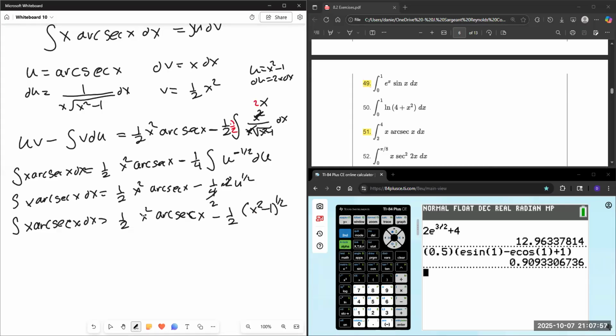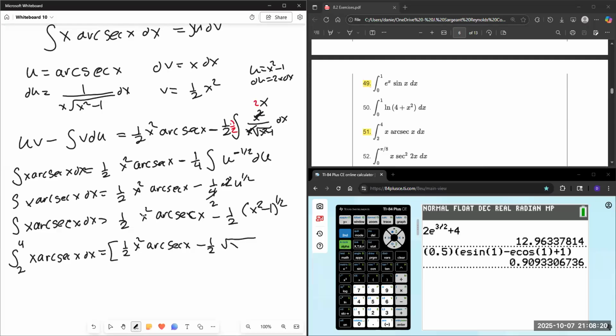So there's my antiderivative. I'll evaluate that from 2 to 4 now.